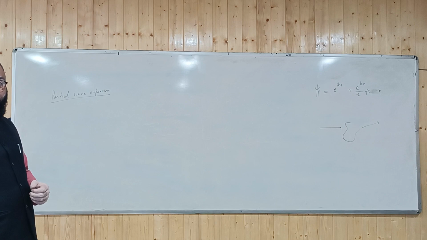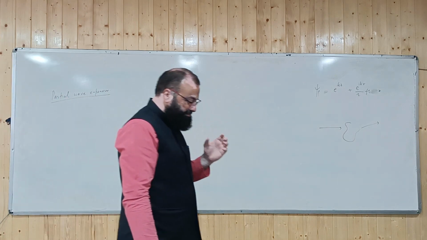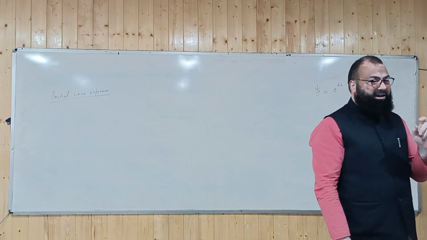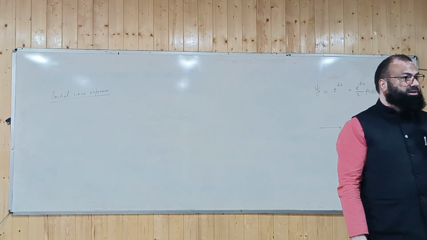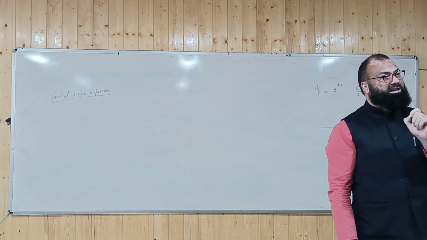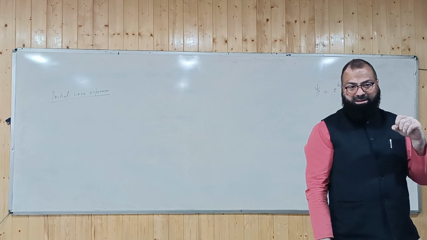This kind of representation we call the partial wave analysis of the scattering. You represent your waves in terms of partial waves. Think of it classically. Suppose you have a spherical scatterer, a pinhole, spherical in nature. Once you scatter light through that, what is the nature of the wavefronts? Those are spherical wavefronts.